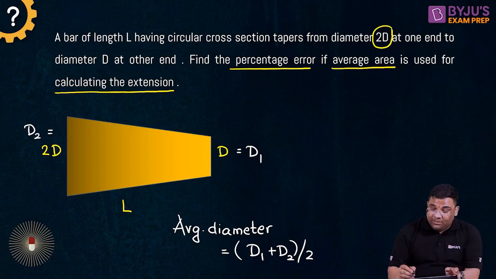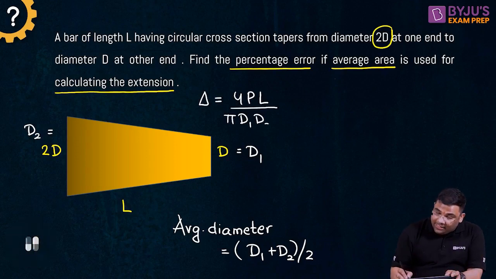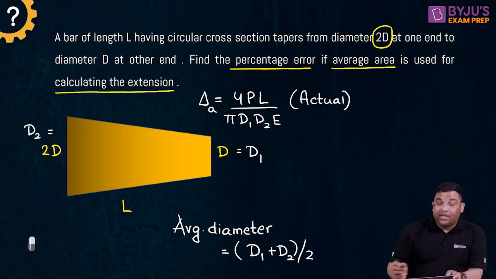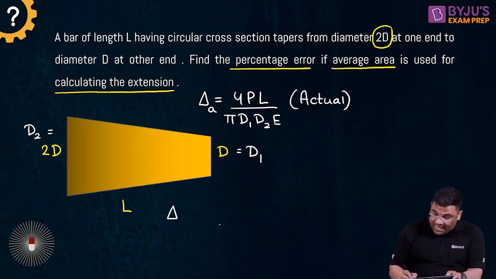Because the actual expression was 4PL by pi D1 D2 E. This is the actual deformation, right? I can write down actual deformation. Now if you consider the average diameter and then find out the expression, that will be the error one.